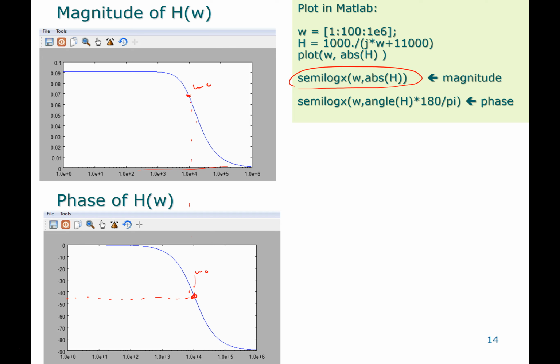Omega 0 is the frequency where the real and imaginary parts have the same size. They have the same magnitude. They could be opposite in sign, but they have the same magnitude. So they actually have about the same amount of effect.